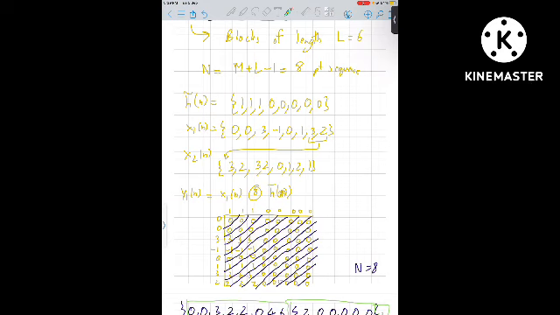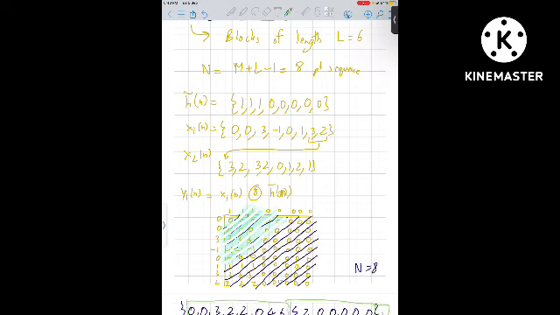Now we divide them into blocks. So actually what will happen is that we will get this linear convolution result as 0 0 3 2 2 0 4 6 5 2.